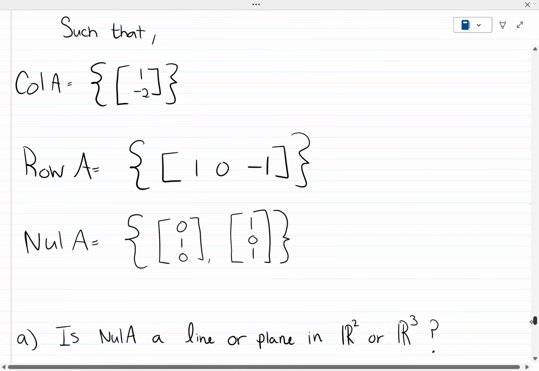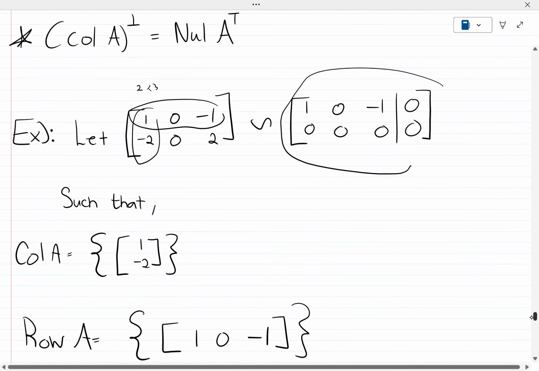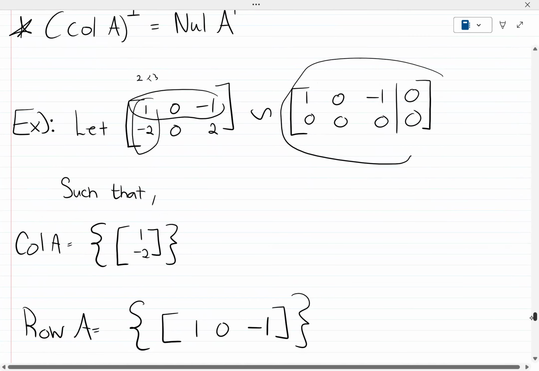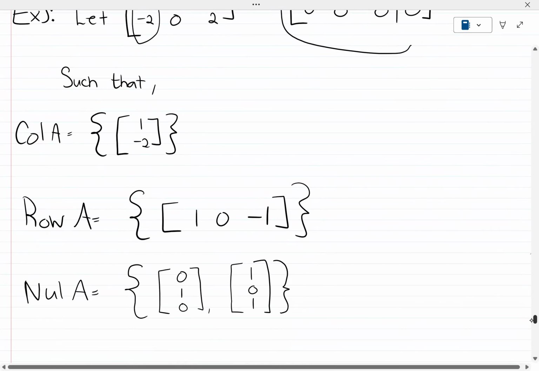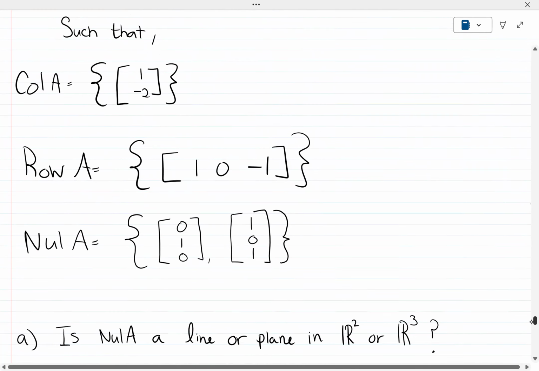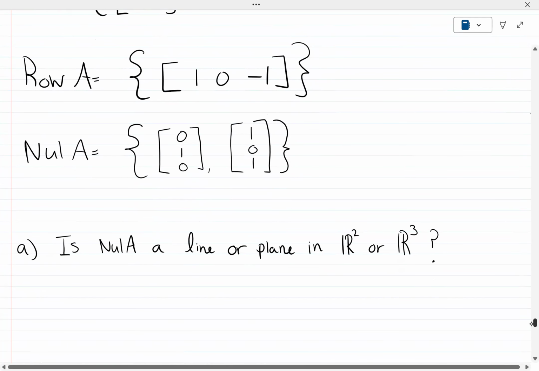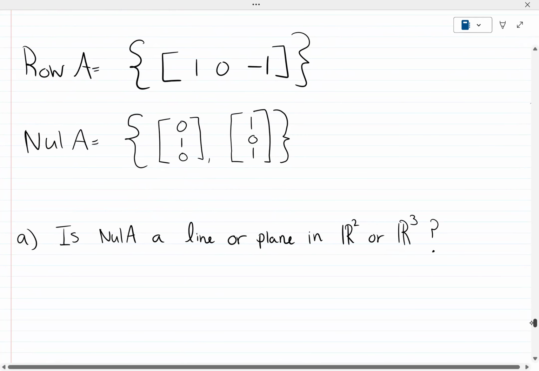So I think this was all given. You have this matrix augmented with 0, and then we know that column A is 1, -2, and row of A is 1, 0, -1, and the null of A is 0, 1, 0, 1, 0, 1. That was all given. They're asking you, is the null of A a line or plane, is it in 2 space or 3 space?